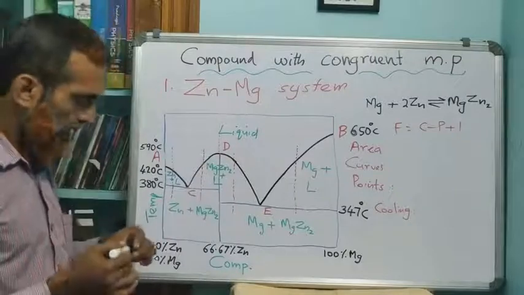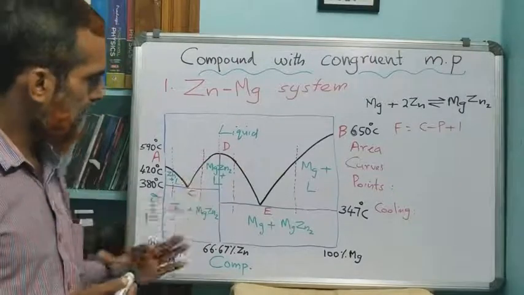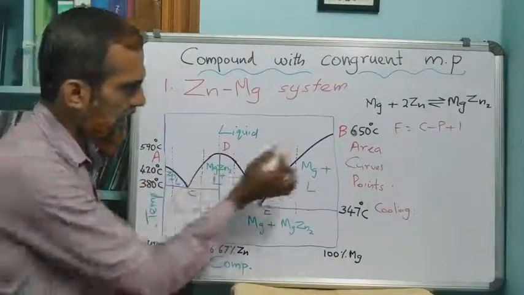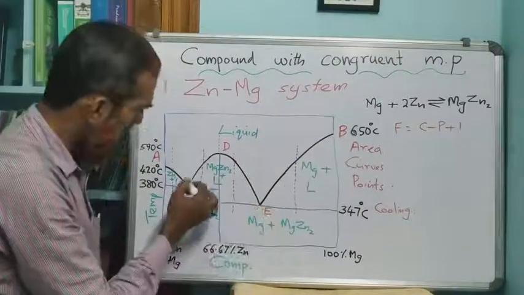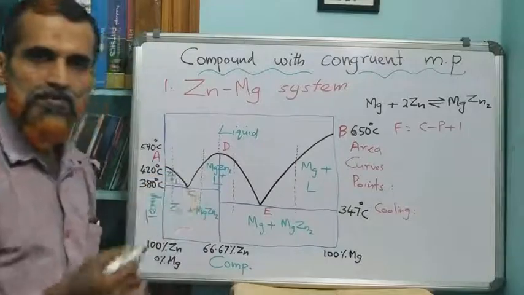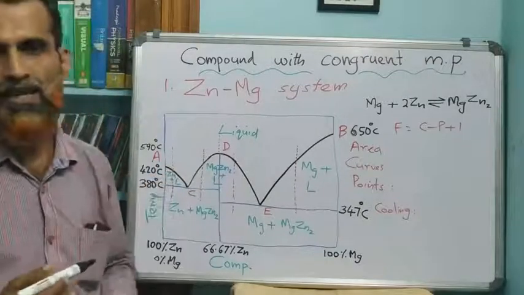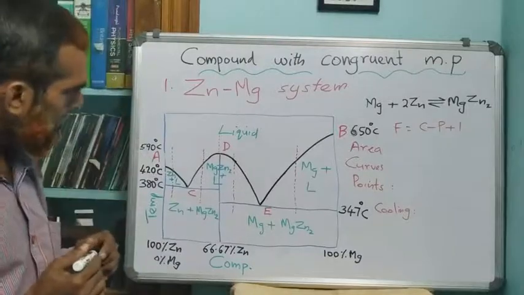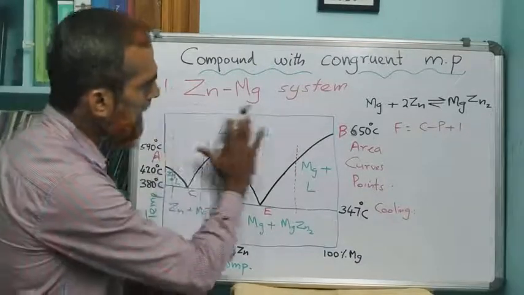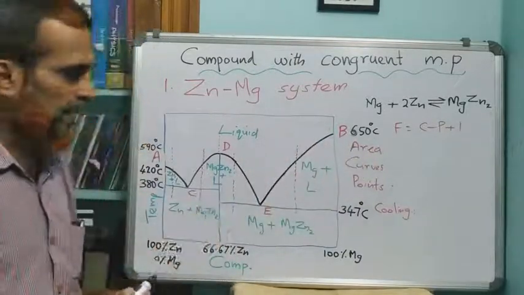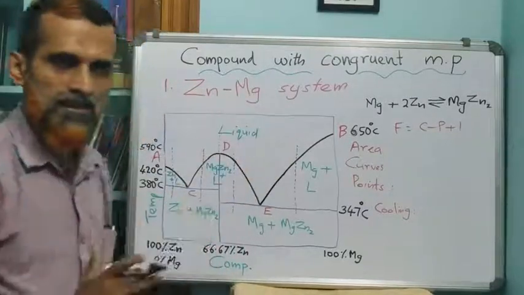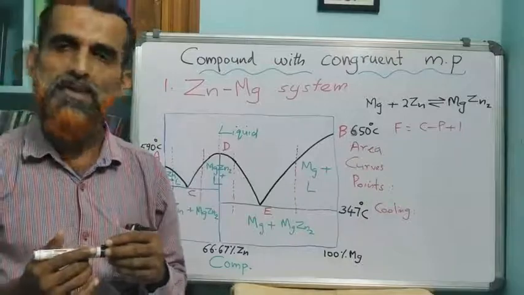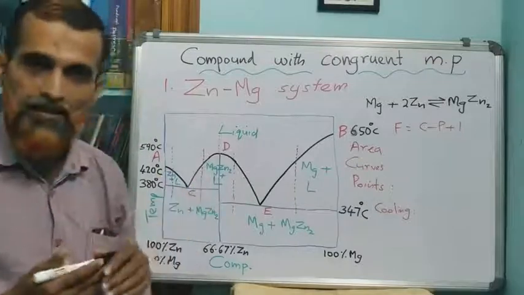Fine. Now coming to the curves, this is one curve AC. This is BE and CDE. We have to explain various aspects of this phase diagram. See the area here, when we consider the area here, it consists of only liquid melt of magnesium and zinc of various compositions.